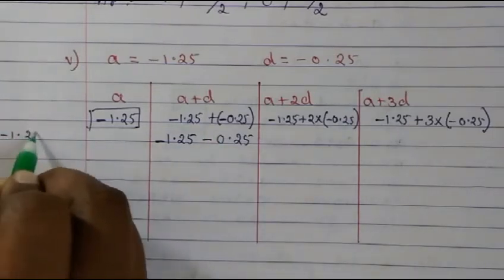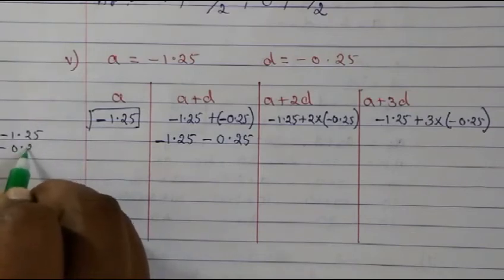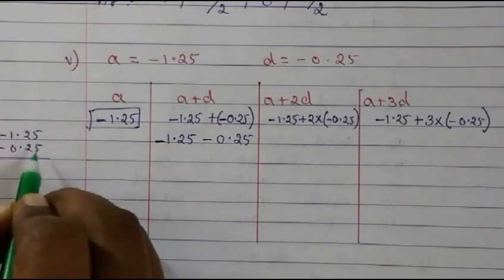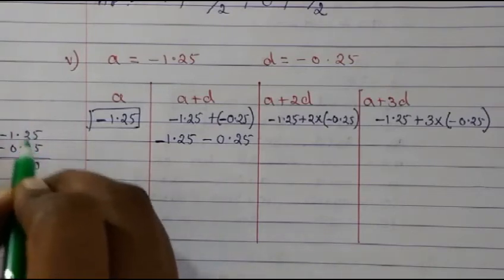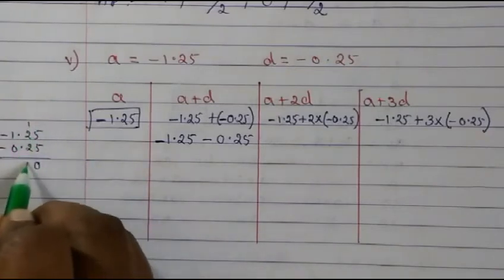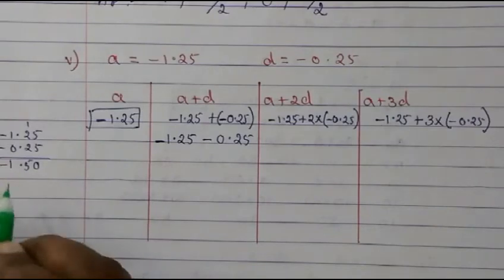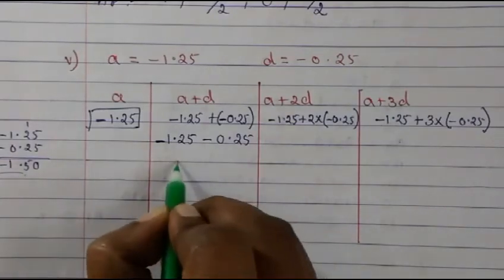Minus 1.25 then minus 0.25. So will give us what? 5. We have to add them because both are minus, so we add them. So 10, so 0, 1. So we'll get 5 point. It will give us minus 1 and minus 0 will give us minus 1.